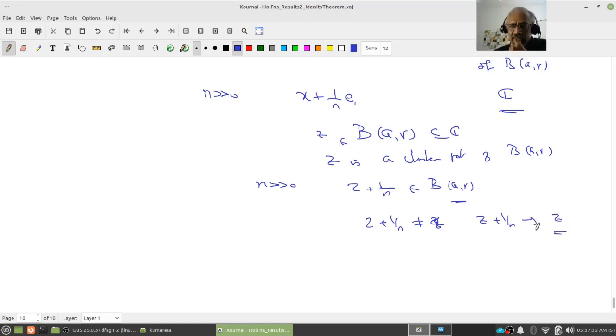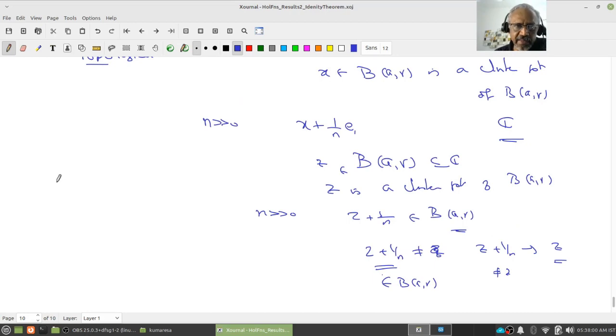To show it's a cluster point, what do I have to show? In every neighborhood of z, there exists a point of B̄ other than z. These are the points which are in B̄, and they converge to z, and they are all distinct from z. Therefore, z is a cluster point.